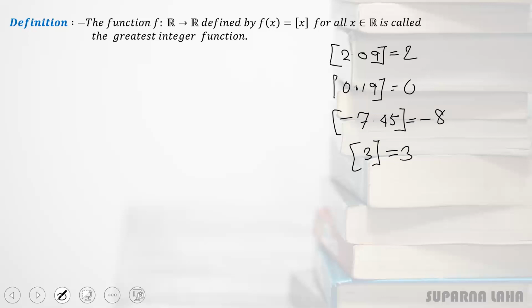So this is called box x, or the greatest integer function. That is, it will take values that are either an integer or less than x: the integer value less than or equal to x.